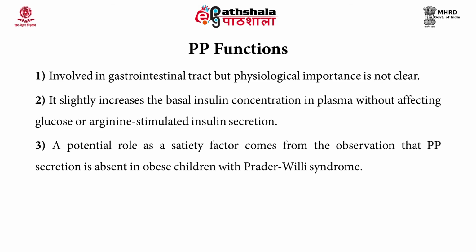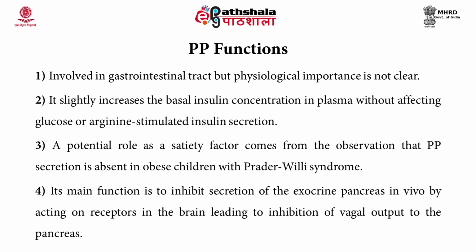A potent role as a satiety factor comes from the observation that PP secretion is absent in obese children with Prader-Willi syndrome. Its main function is to inhibit secretion of the exocrine pancreas in vivo by acting on receptors in the brain, leading to inhibition of vagal output to the pancreas.